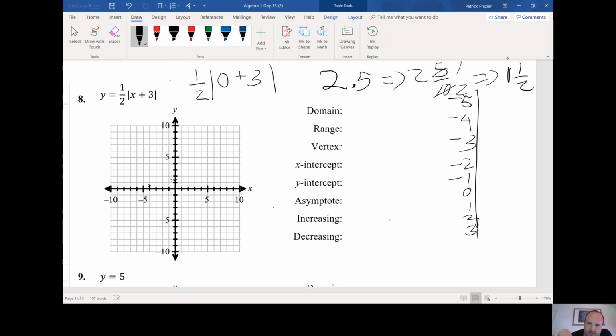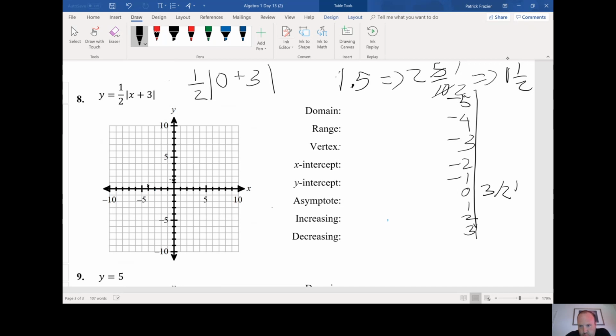We established 2 goes into 3 once. So when x equals 0, y equals 3 halves, or 1.5, either one. And then next, when x equals 1, 1 plus 3 equals 4.